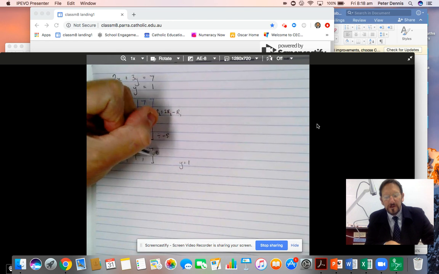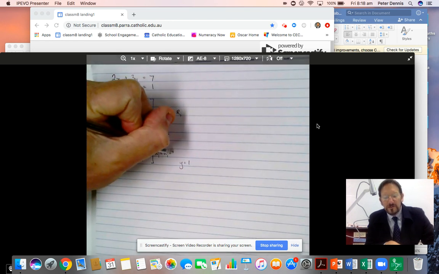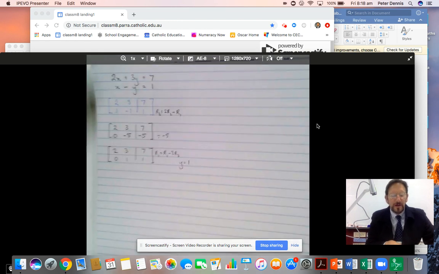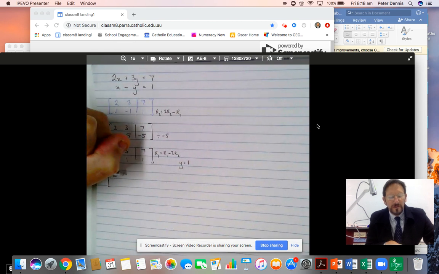So now we're going to let row 1 equal row 1 minus 3 lots of row 2. So because there's a 0 here, it's nice for us. So row 1 is 2 minus 3 lots of 0 stays as 2. Row 1 minus 3 lots of this, so 3 minus 3 is 0.